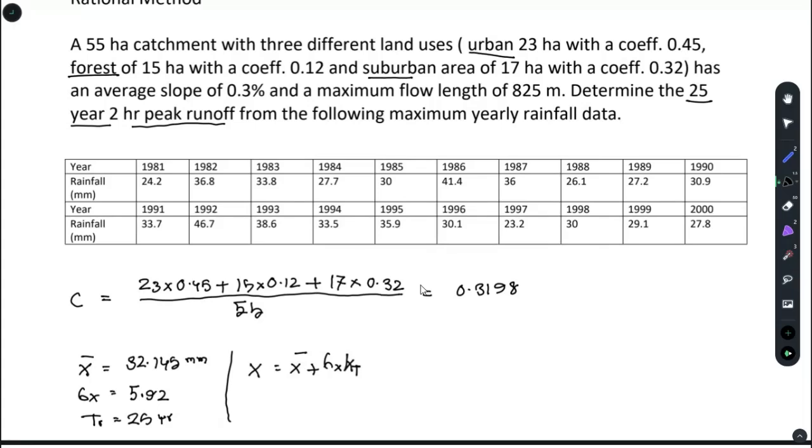You got to find out the value of kt. How do you find it? Kt is equal to root 6 over pi times minus 0.577 plus ln of ln return period over return period minus 1.